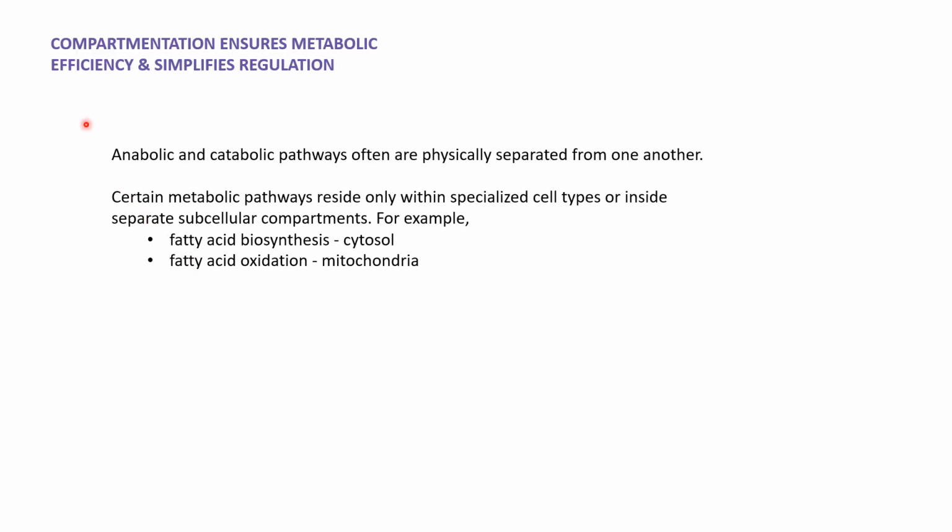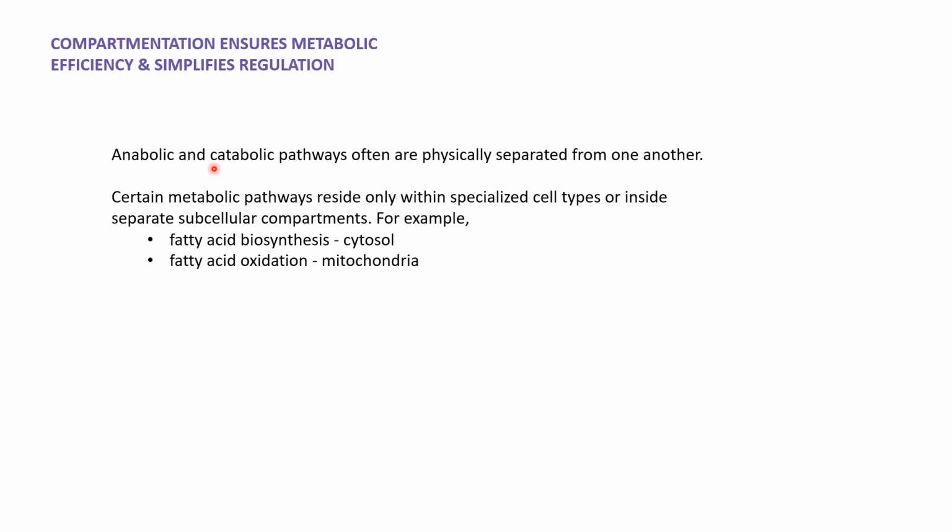Another factor for control is the physical separation of metabolic pathways from each other. Anabolic and catabolic pathways are generally separated physically from each other. In addition, different components of pathways are separated from each other.